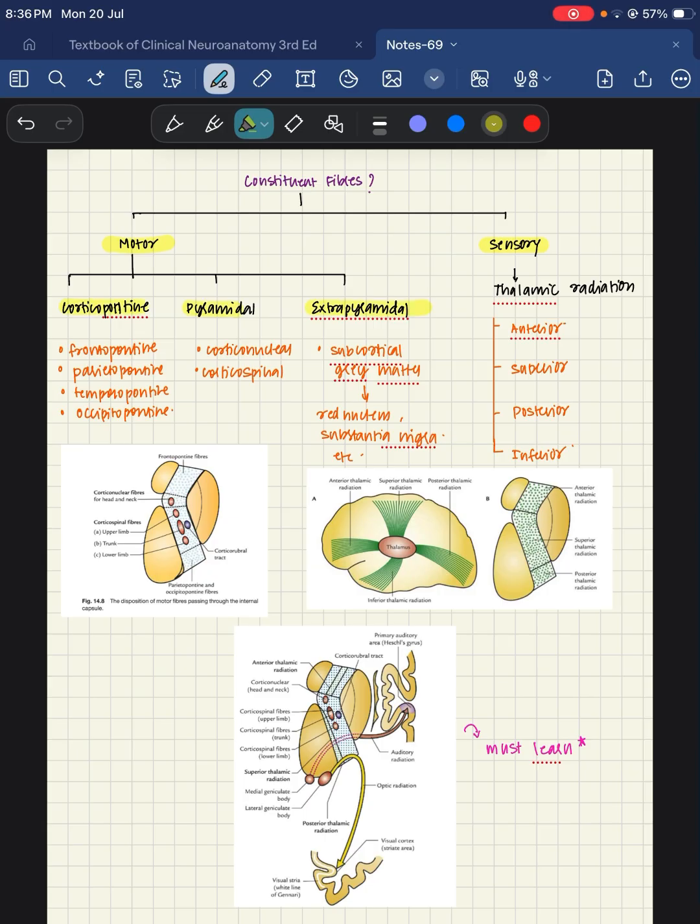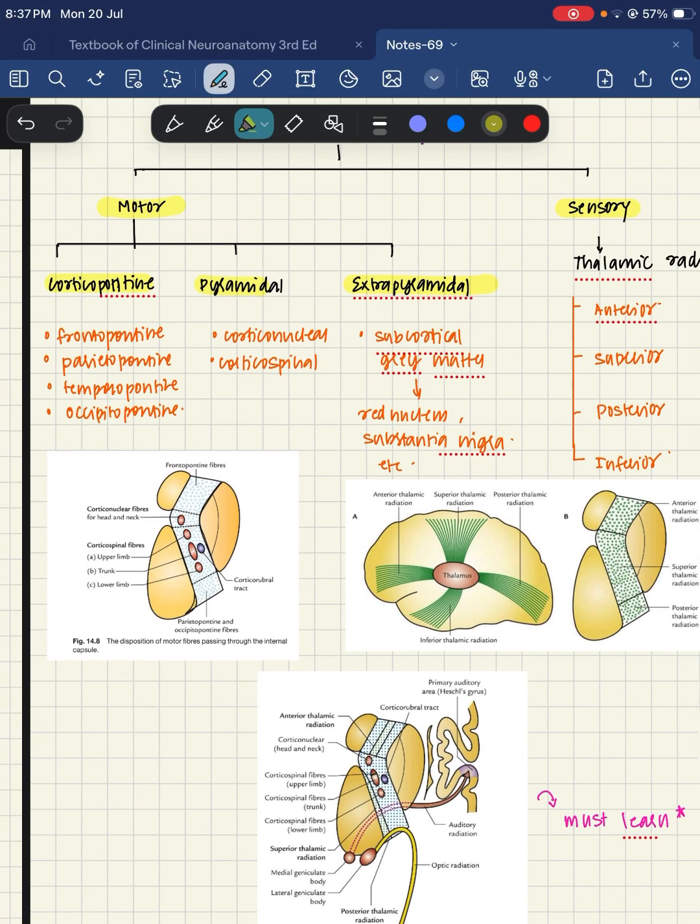So what are the corticopontine fibers? They are basically the fibers which arise from the cerebral cortex and form a projection of fibers, and they will go through the internal capsule and pass to the pons, and then to the different parts of the cerebral cortex.